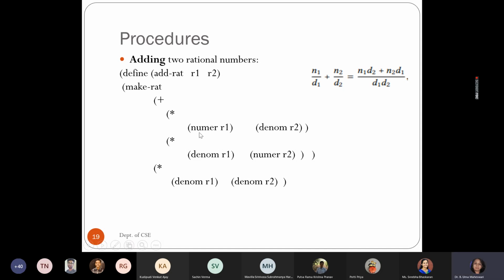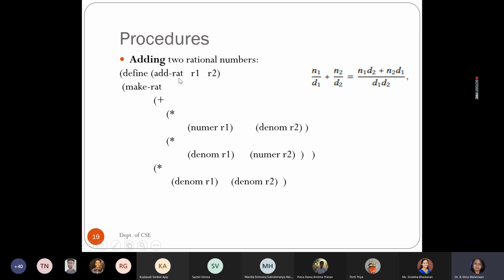Now, in the logic, what I'm doing is, I have to construct a pair. I can't write numerator divided by denominator, right? This numerator is the first data and the denominator is the second data, and I'm going to construct a pair. So I'm calling make-rat again.